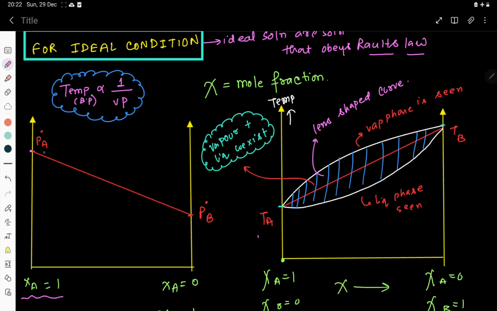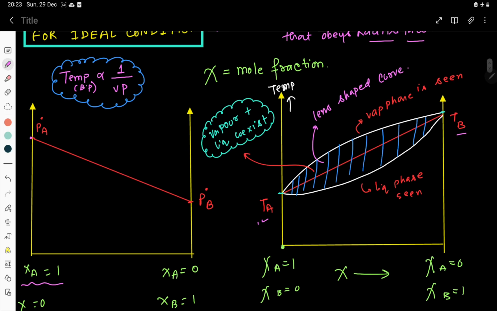So here the vapor pressure of A is greater than the vapor pressure of B, so the boiling point of A should be less than the boiling point of B. Here the temperature of A is lower and the temperature of B is higher, and this type of graph will form.